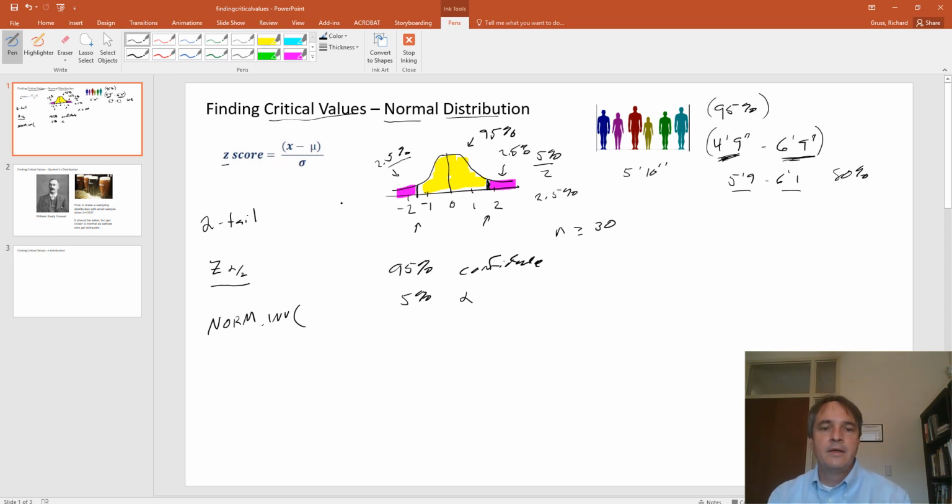Remember that when we're using these cumulative probabilities, we count up the area from negative infinity up to a certain spot. So to find the one on the left, we're going to go up to this probability. We can do 0.025, and then the mean of the distribution is 0, and the standard deviation is 1. Okay, so let's go ahead and find what that left critical value is.